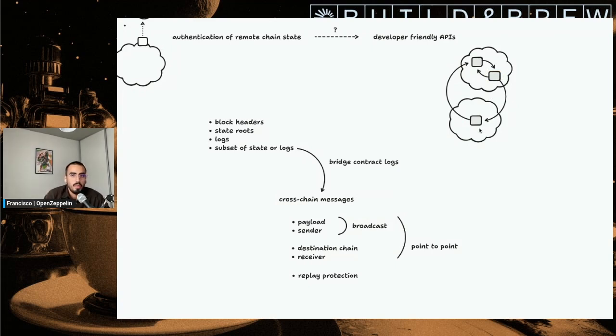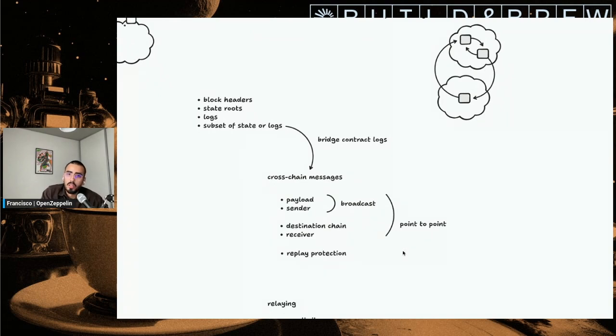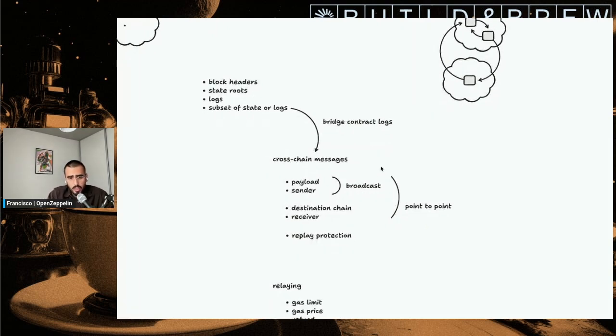So there is a little piece here, not so little, that we are missing to get the kind of experience that we want, that is usually called relaying, right? Once we have inserted this message into the state, once we made it available to be authenticated, we want it to actually be relayed to affect some change on the destination chain.